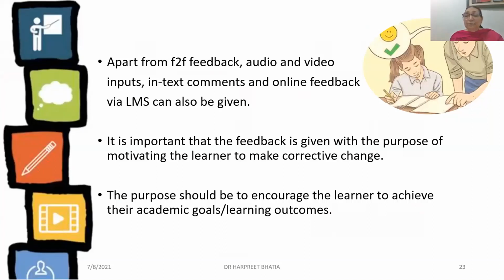Even if the student wants to see it at a later point of time, it is still recorded there in the LMS, and the student can go back to that feedback even at a later stage, again and again if needed. Again, the focus I would bring here is that the purpose of giving feedback needs to be to motivate the student and not to discourage the student in any way.